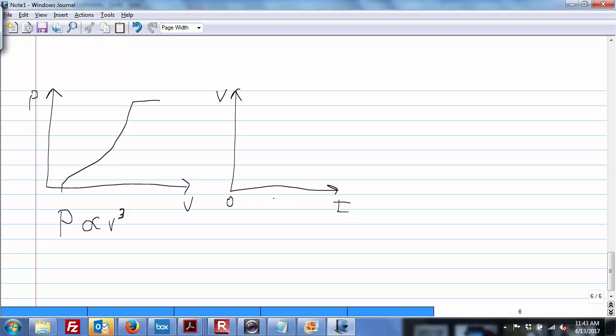Here's 0, here's 5, here's 10, here's 15. Let's just go out to 15. Sorry, it's not really to scale, but you get the point.